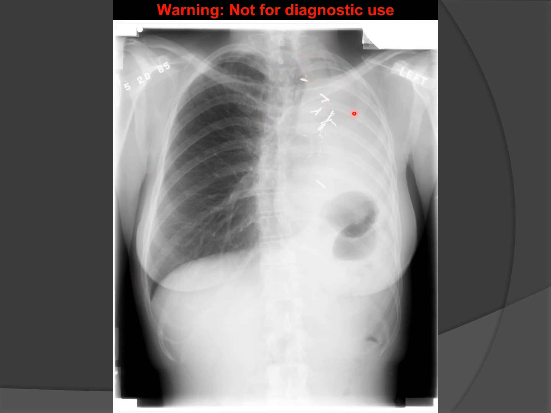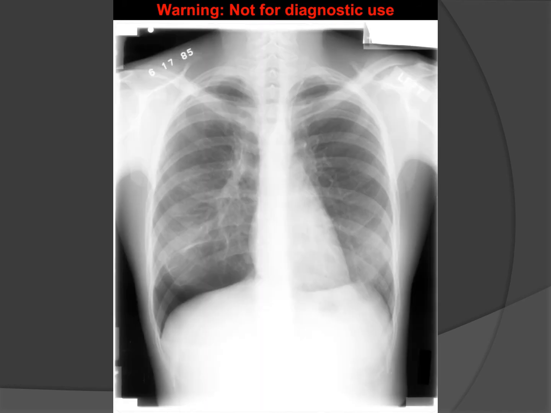Notice there's no lung markings at all, and we also see these staples from a surgery. So this patient has actually had their lung removed. And when the lung is removed, we'll no longer see the lung markings over here or see the air that would normally be there, so it's going to appear white on the image.